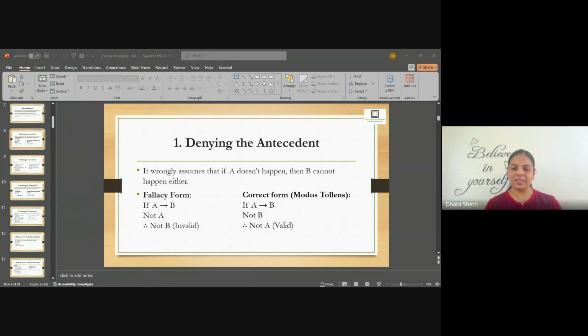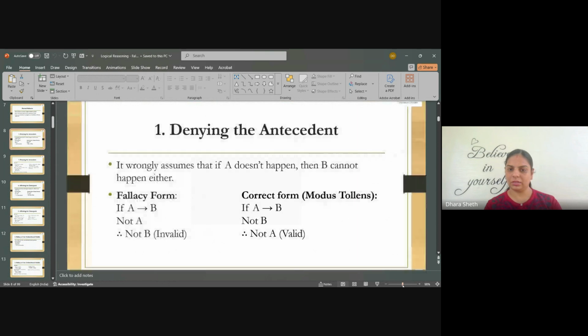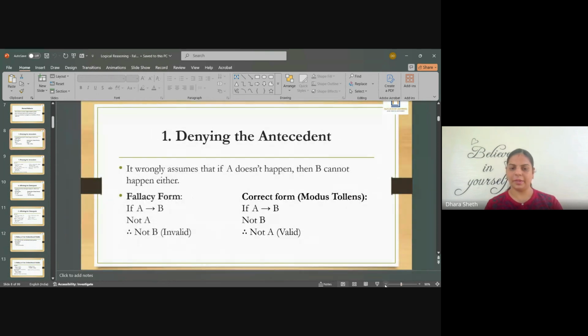Denying the antecedent. Okay, so it wrongly assumes that if A doesn't happen, then B cannot happen. So if A is B, then not A, not B. Now that is not essential.